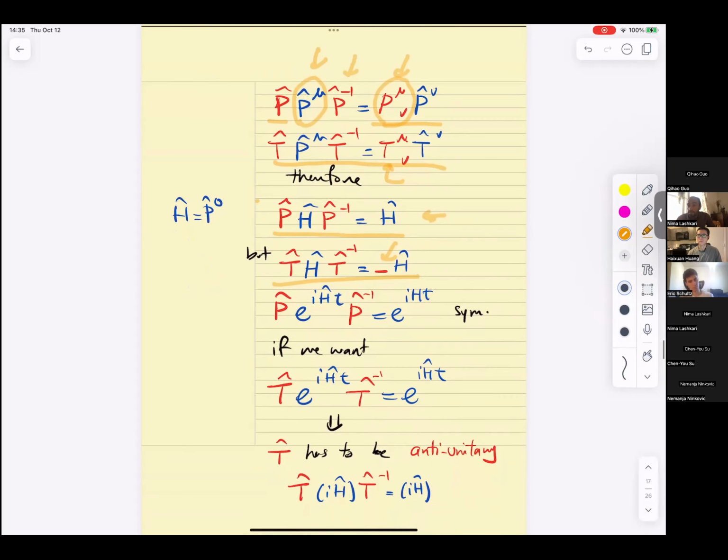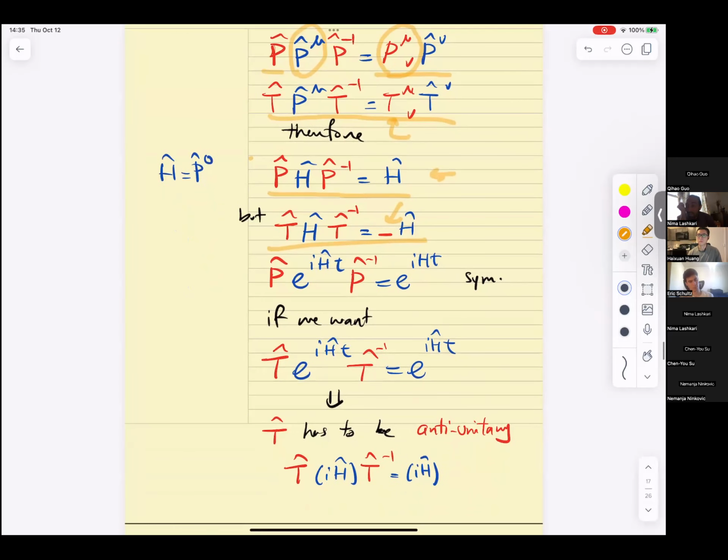What matters is, because it's a symmetry, we want to represent it on the Hilbert space as a unitary or anti-unitary. So what matters is not H and P per se. To have a symmetry of the theory, it's not H that has to be invariant, it's e to the power of iHt that has to be invariant.